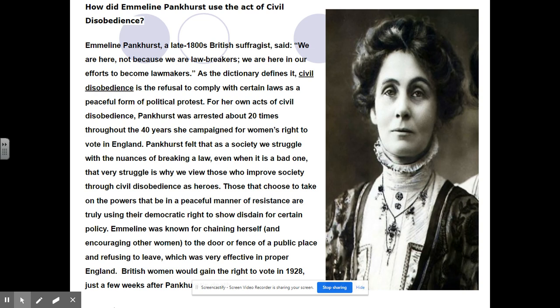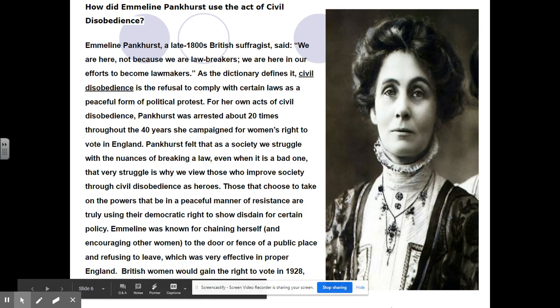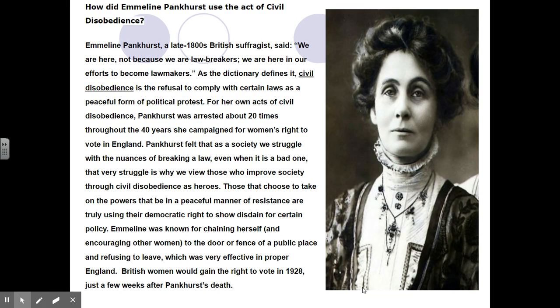Disdain means dislike. Emmeline was known for chaining herself and encouraging other women to chain themselves to the door or fence of a public place and refusing to leave, which was very effective in England. British women would gain the right to vote in 1928, just a few weeks after her death.